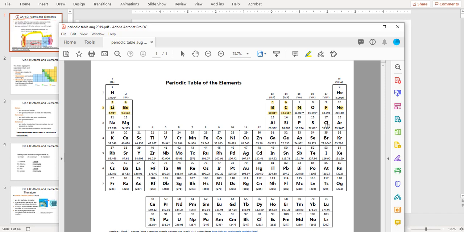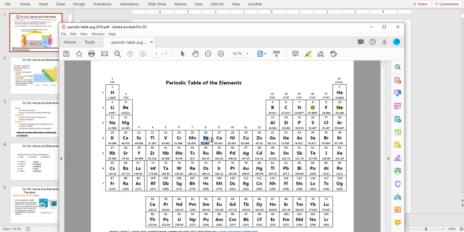So it has two group names. Oxygen only has the group name representative elements. Neon has two group names. It has noble gases and representative elements.